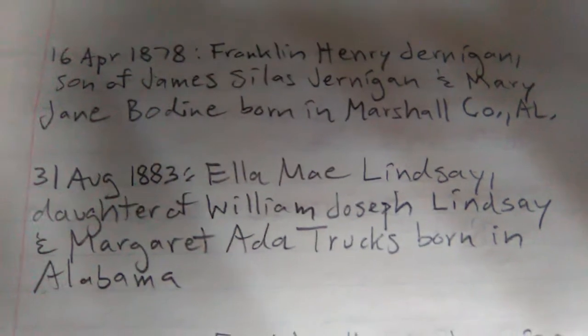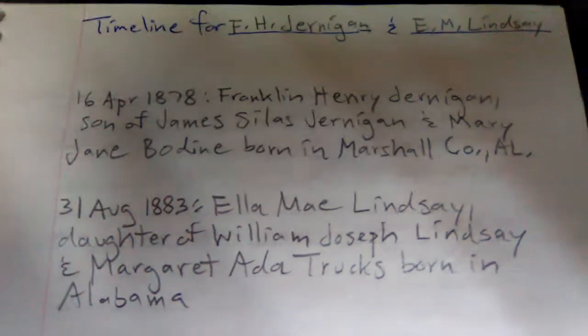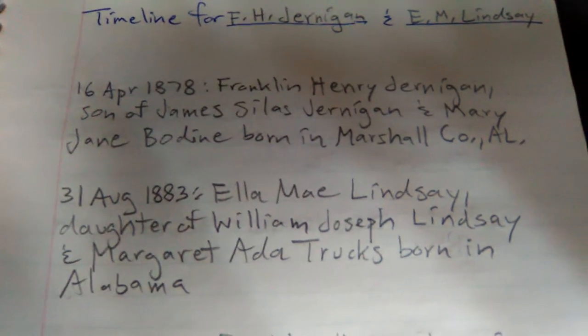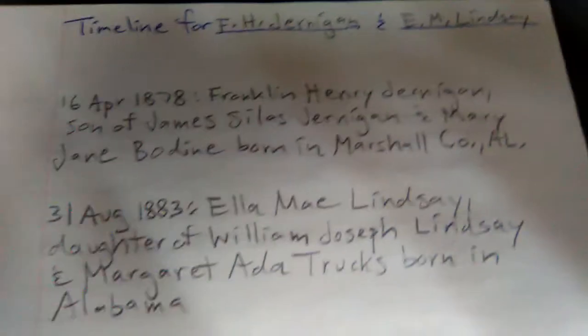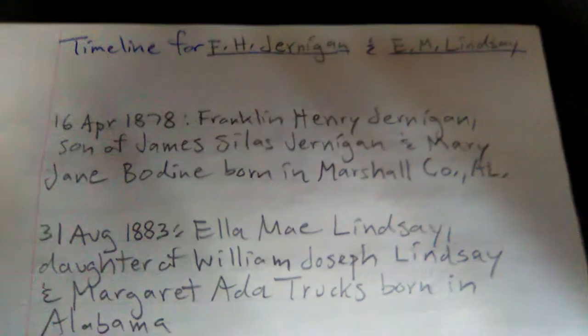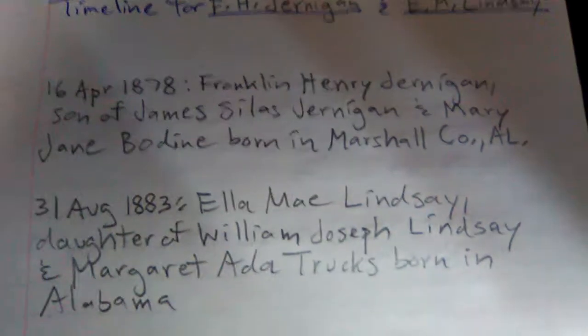In this situation, we're looking for Ella Mae Lindsay. So the first census we would probably find her would be the 1900 census. Now we know that Franklin Henry and Ella Mae Lindsay did not marry until 1901. So we can probably guess that most likely as of 1900, both of them were probably still living with their families.